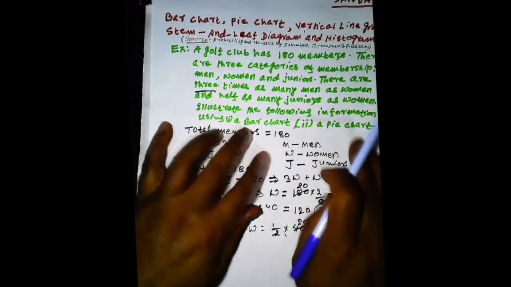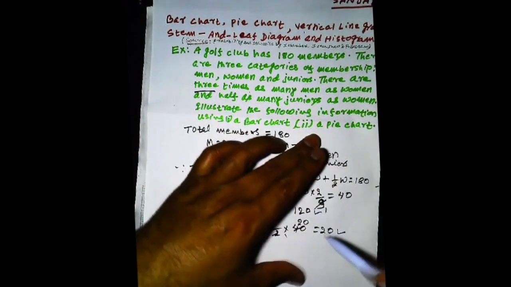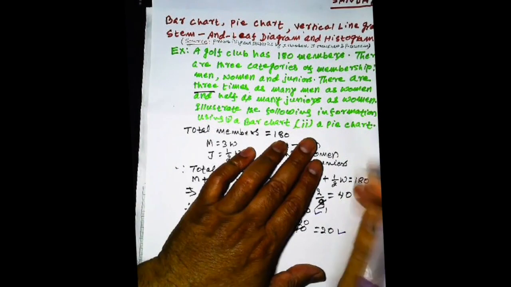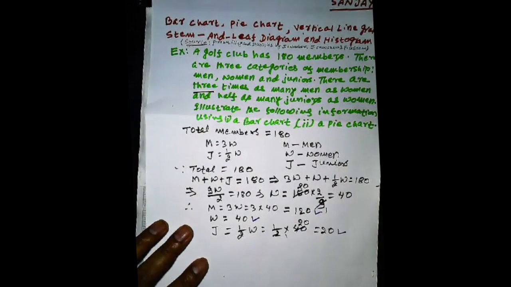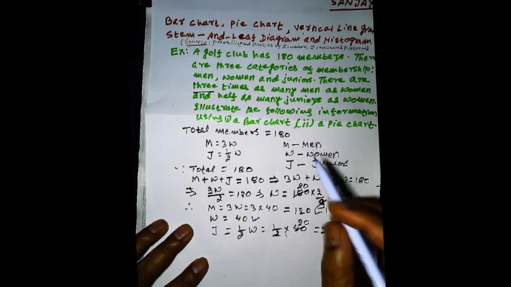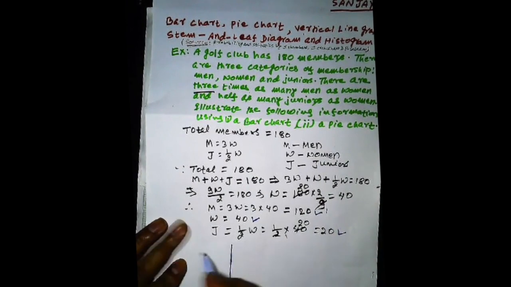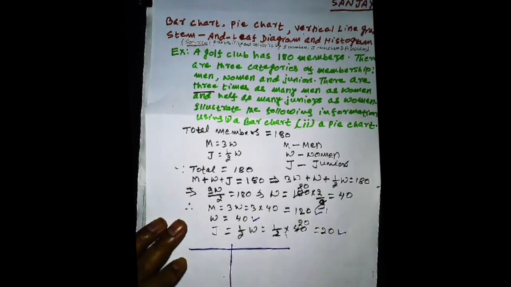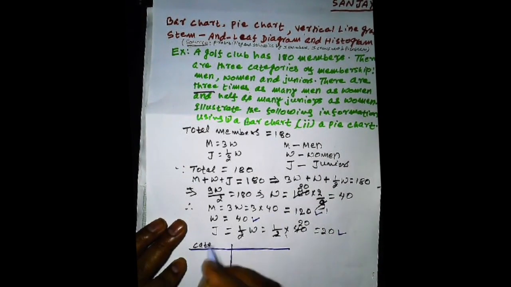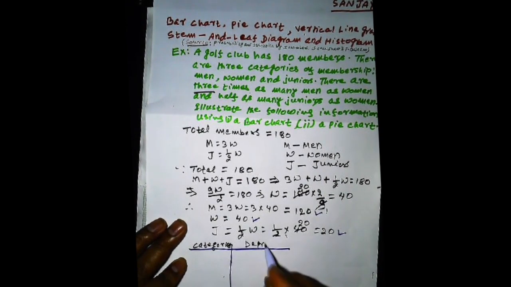Now in the another part of the question, it says to represent this information using a pie chart. So in order to have a pie chart, we have to find the information in terms of degrees. So here it is going to be categories, and at this point it is degrees.